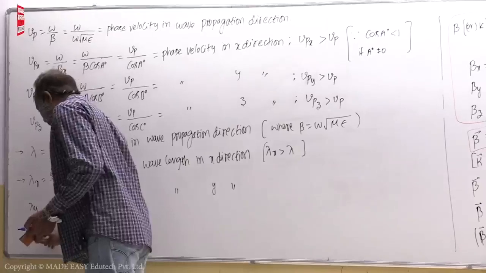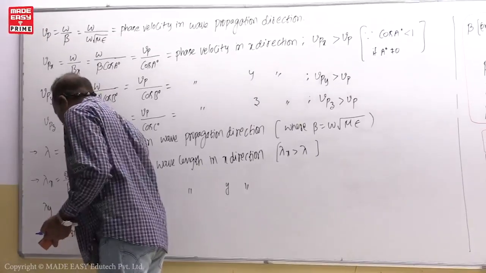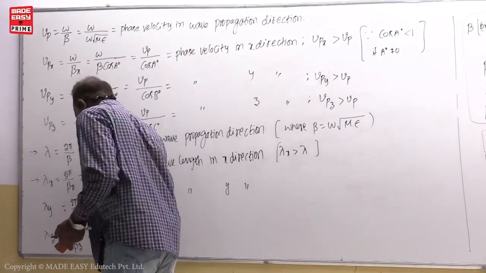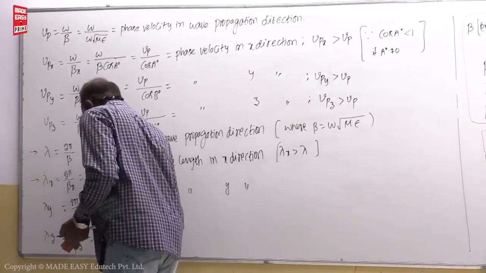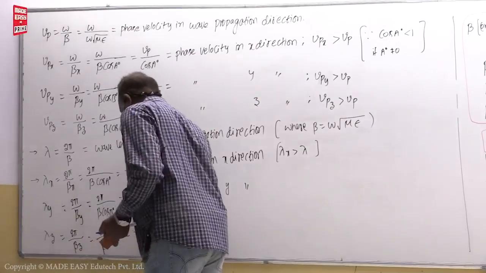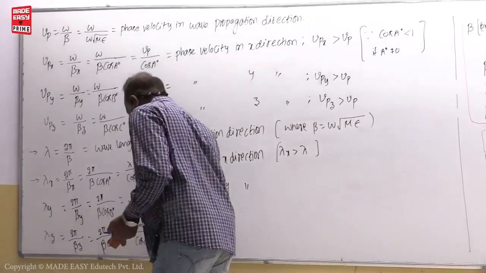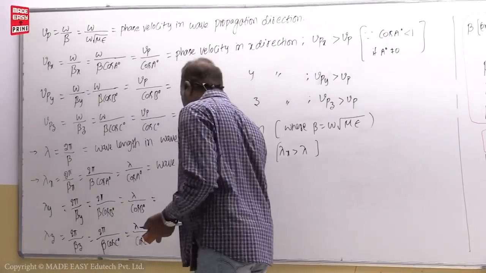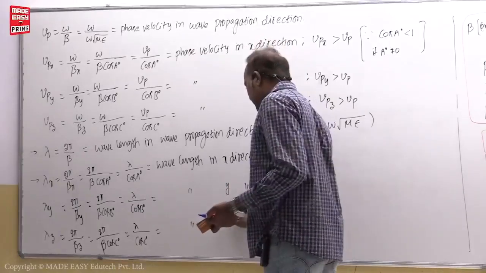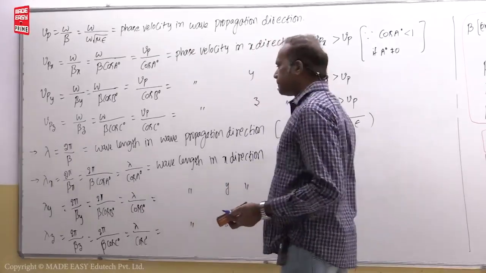And lambda z is equal to 2 pi divided by beta z, that is 2 pi divided by beta into cos c degrees, that is lambda divided by cos c degrees, that is actually the wavelength in z direction.